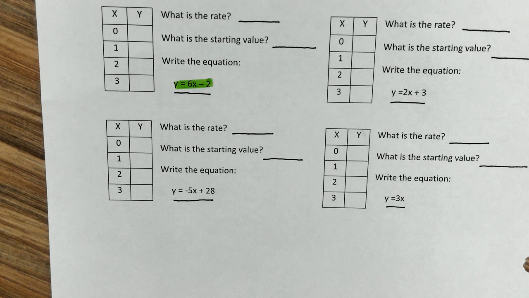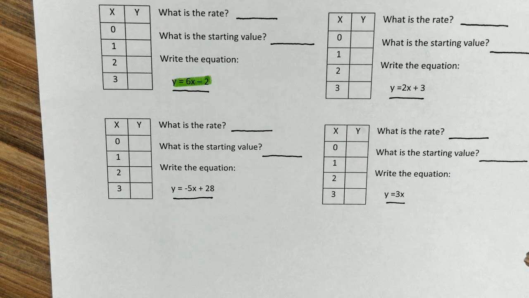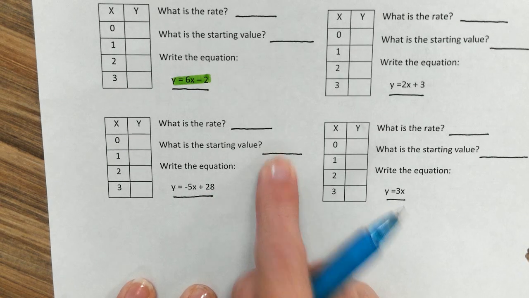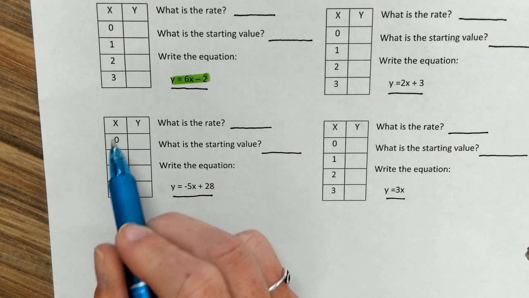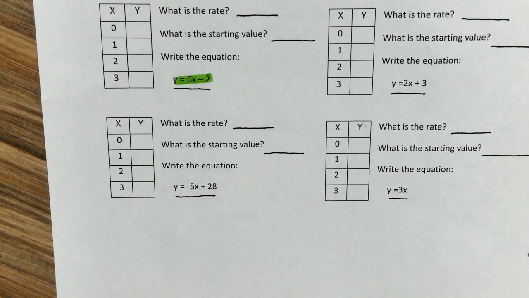Do not say X. What is the slope? -5. If you put X with it, I have to count it wrong. The slope is the coefficient of X. The X cannot go with it. What is the Y-intercept? And then you're going to use the equation, plug those in for X to solve for Y's. Yes? All right, get started.